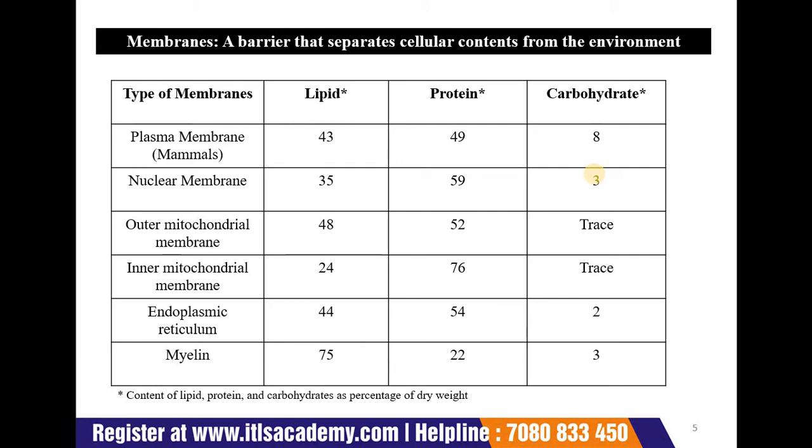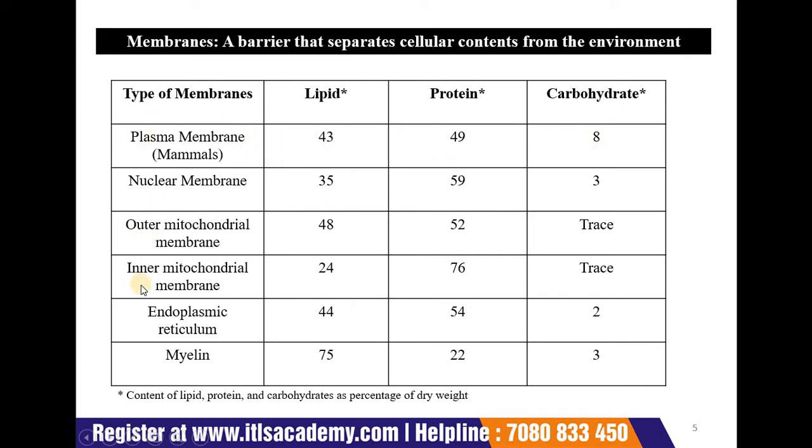This table represents and shows the composition of different membrane contents: lipids, protein, and carbohydrate. As I mentioned, lipid and protein are the major components, and as you can see, their percentage is very high as compared to the carbohydrate. They are almost covering 100% of the membrane.